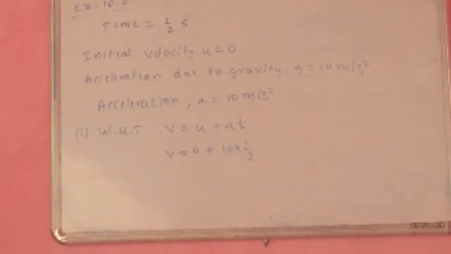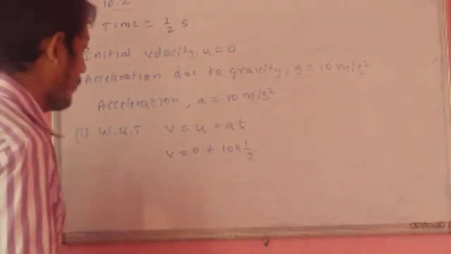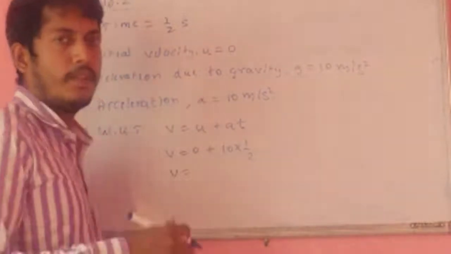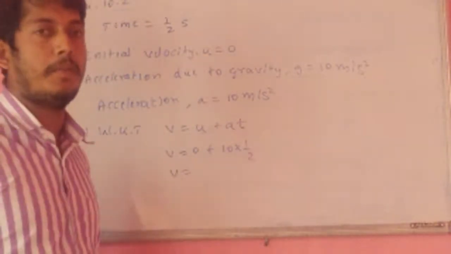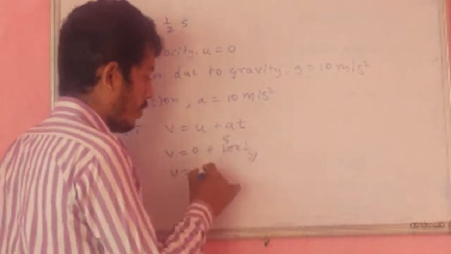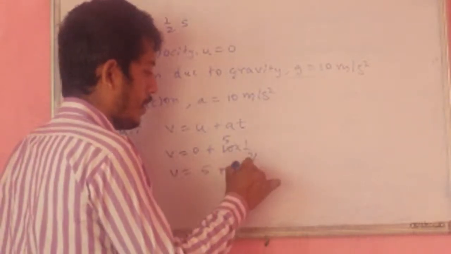Jeevan, Tejashwini, Deepa, Sangmesh, Prakash, Maltesh, you gave the answer as 5 meter per second. Okay, we'll check this. v equals 0 plus 10 into half. 0 plus anything is that number. Then 2 ones are 2, 5. So the answer is 5 meter per second.